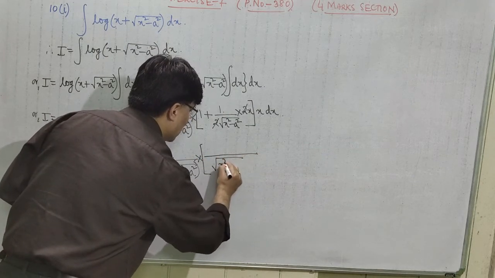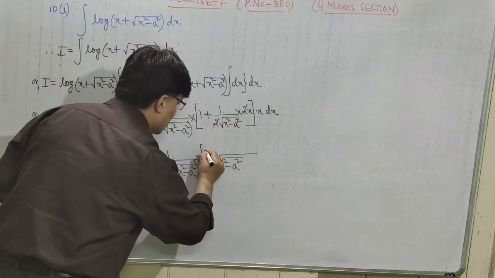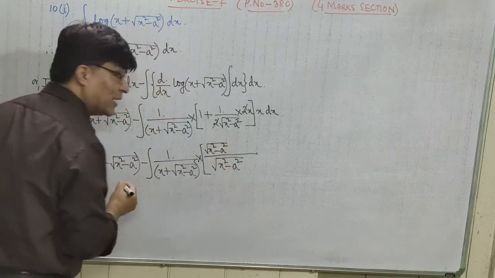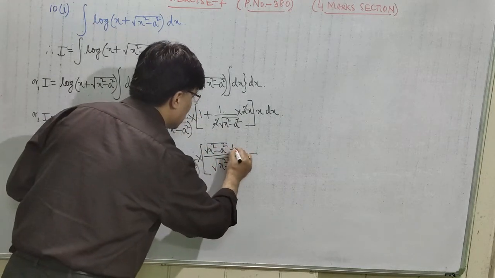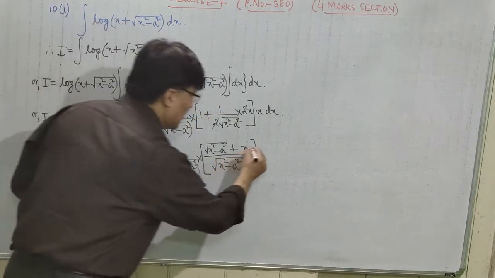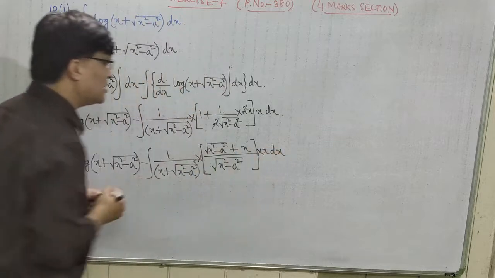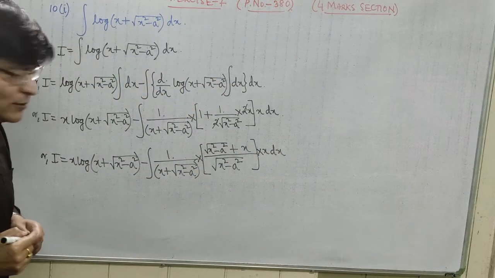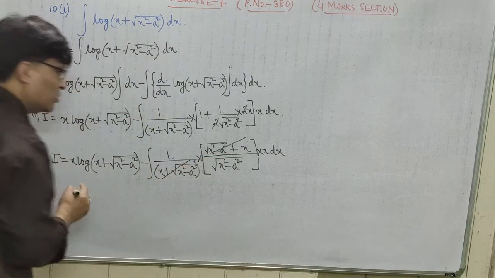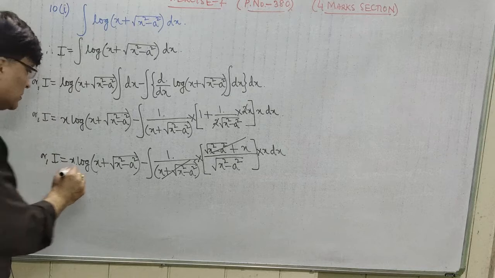Root over x square minus a square. So now in the numerator we have root over x square minus a square, then plus. So it is 1 into x is x. Third bracket is closed. Into what do we write? X dx. You have to write down this x dx. Is that clear? So you can cancel here. These similar terms can be cancelled from both the numerator as well as from the denominator.